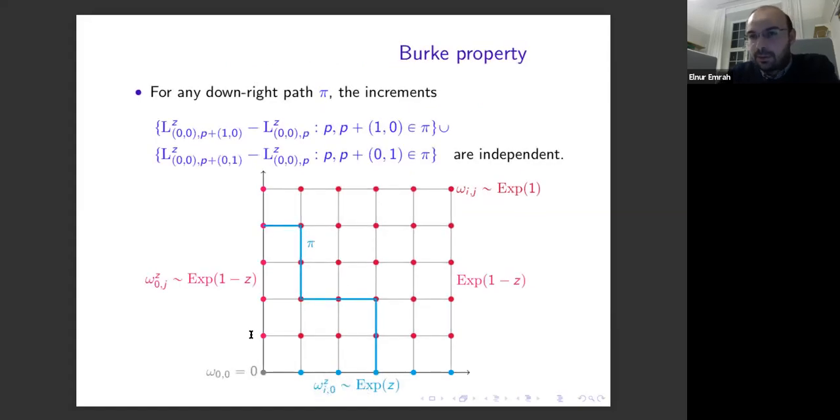There's actually a stronger distributional property that this model satisfies. This is the so-called Burke property. Now, I will just state a part of this property that will be relevant to this talk, which is the following. If you take any down-right path, as shown in the picture, and look at the increments of the LZ process along this down-right path, then the increments along this down-right path are also independent.